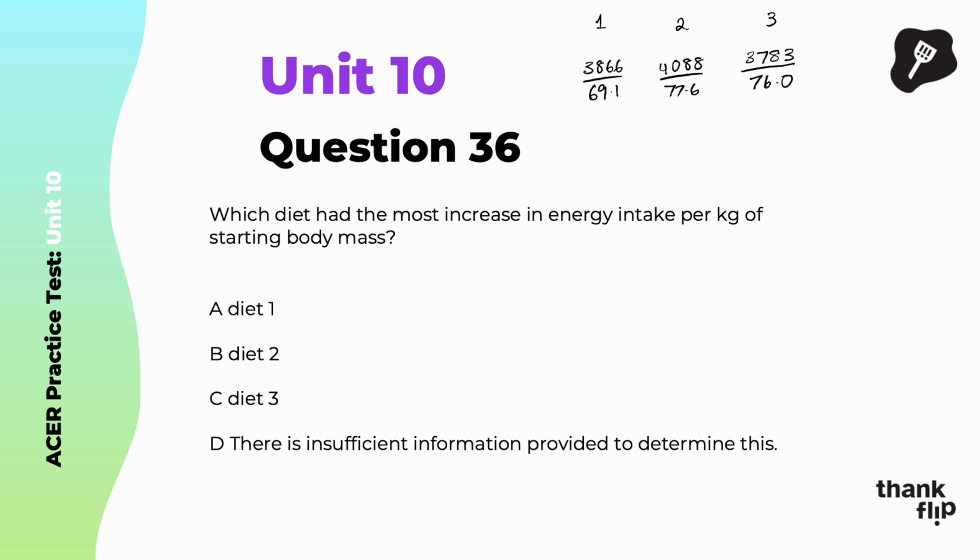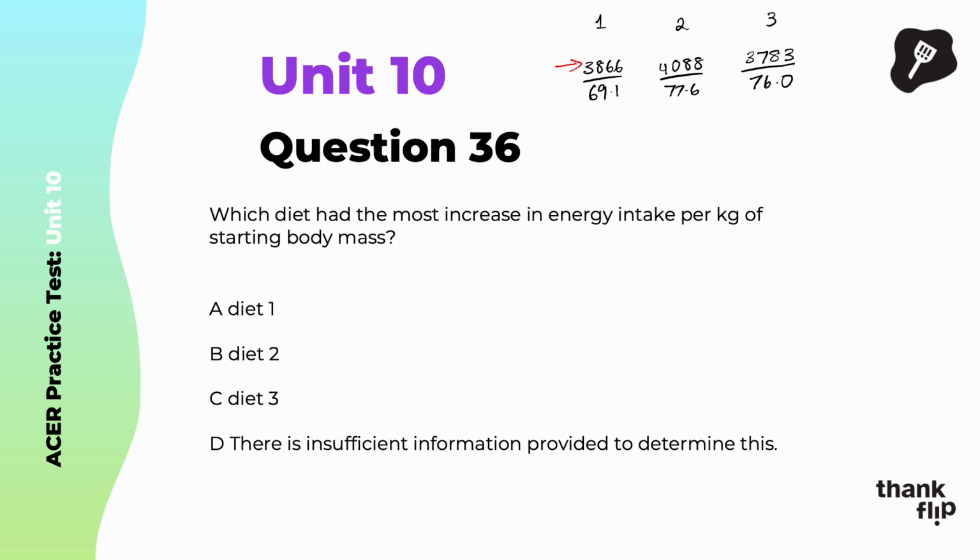So I've just cleaned up the screen because it's about to get a bit math heavy. So here we have our three fractions that we need to simplify in order to figure out which one has the greatest value, okay?